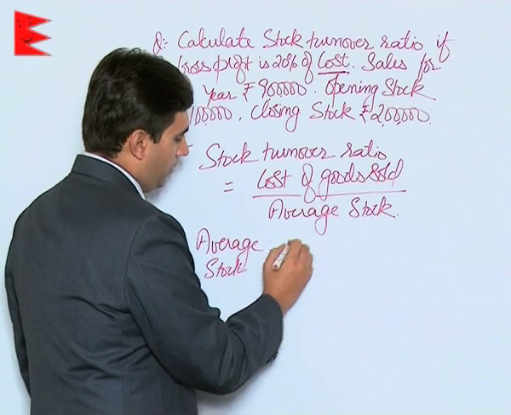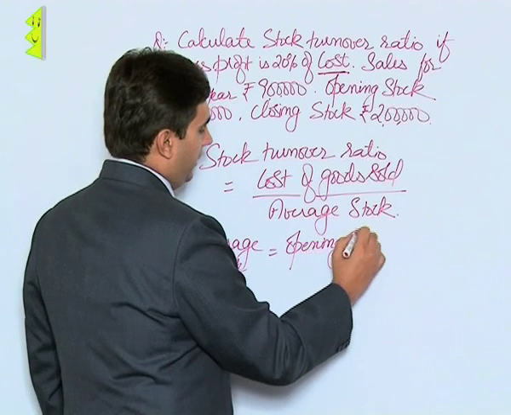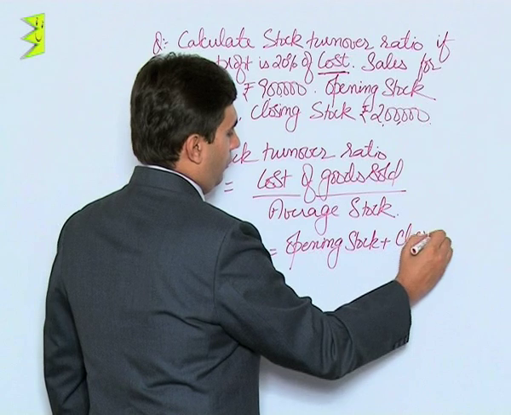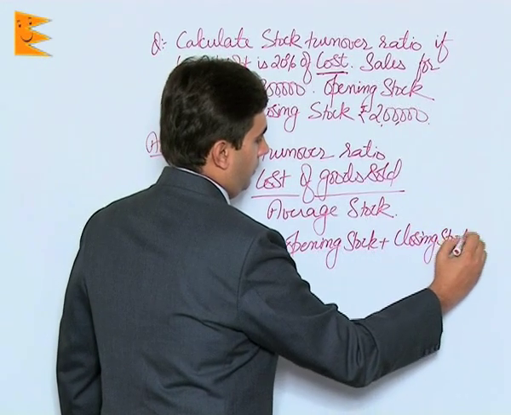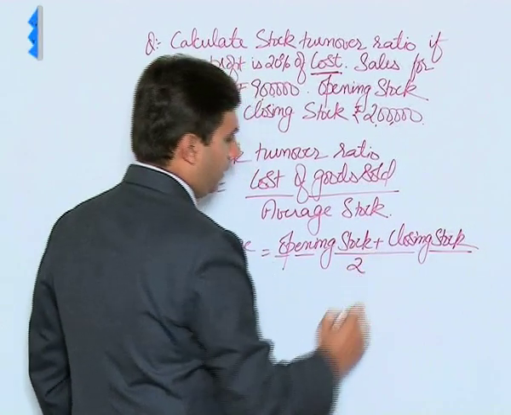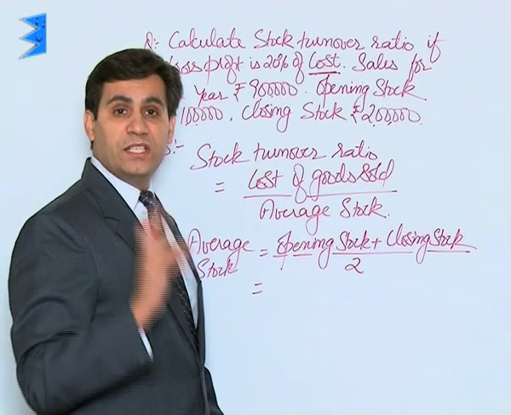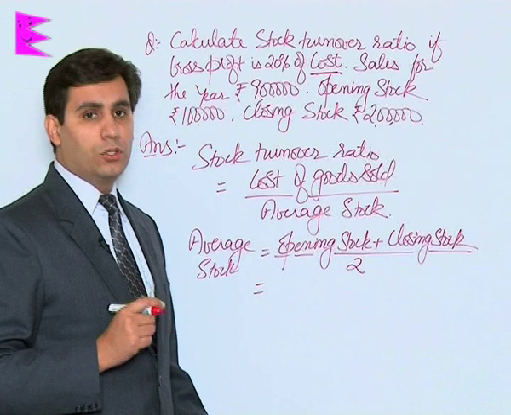Average stock is equal to opening stock plus closing stock whole divided by 2. In this case, opening stock is given to be rupees 1 lakh and closing stock is given to be rupees 2 lakh.